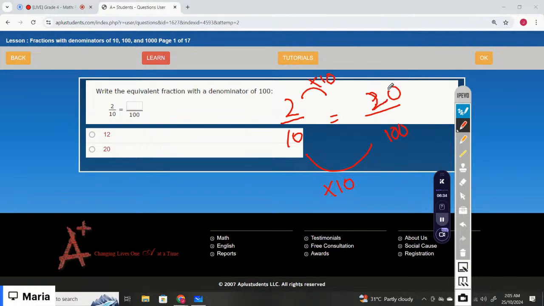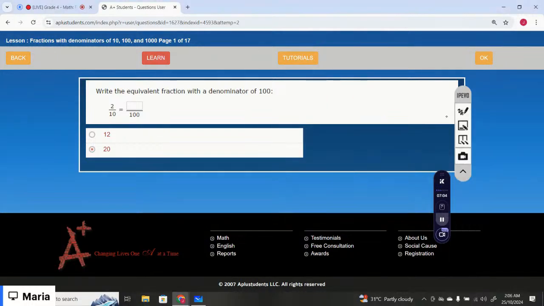So 2 times 10 is 20. That is 20 over 100. Got it? So that is 20 over 100. Option number 2 is the correct option.